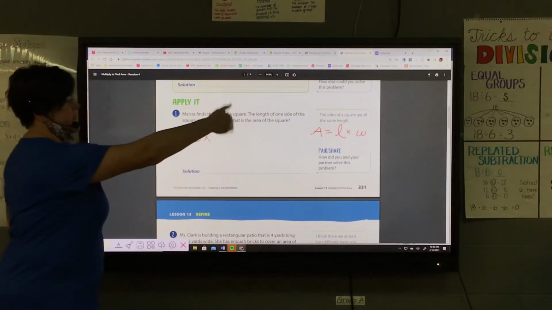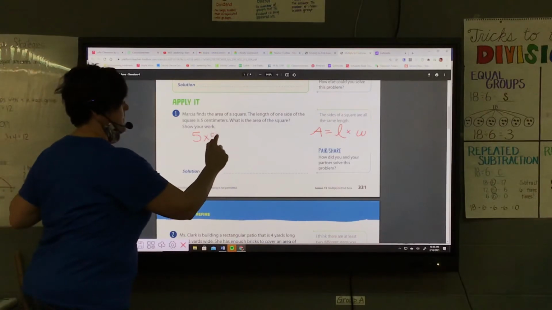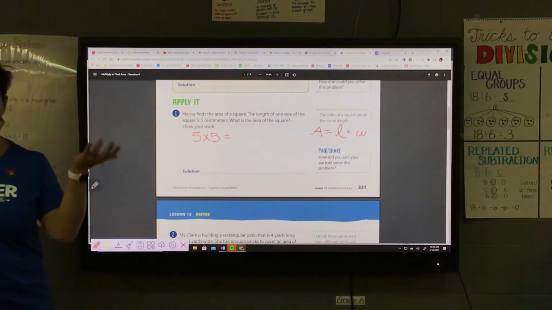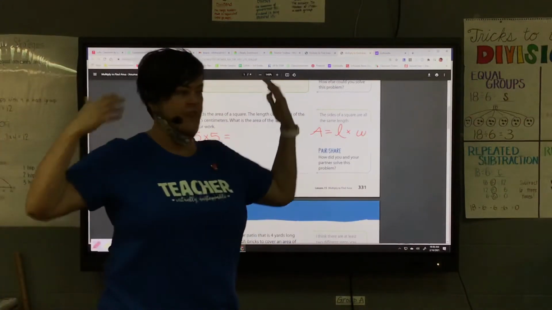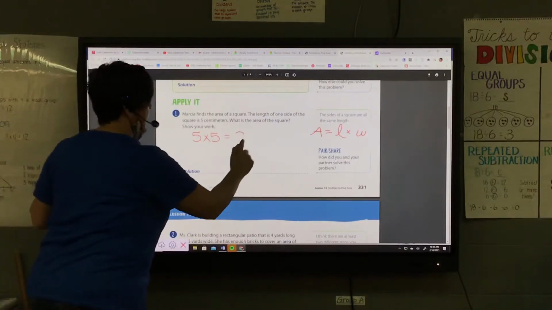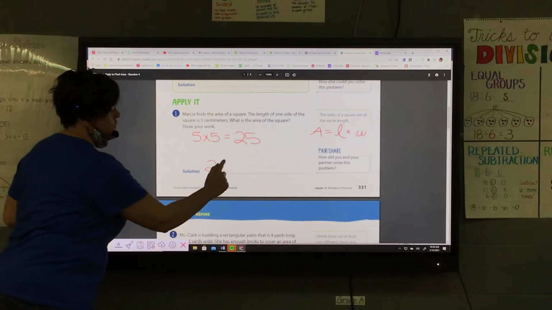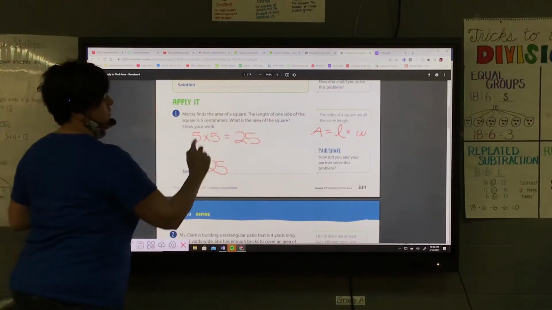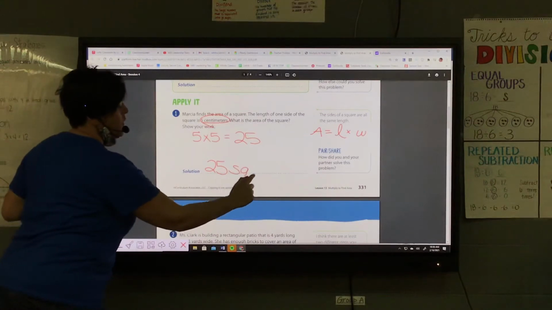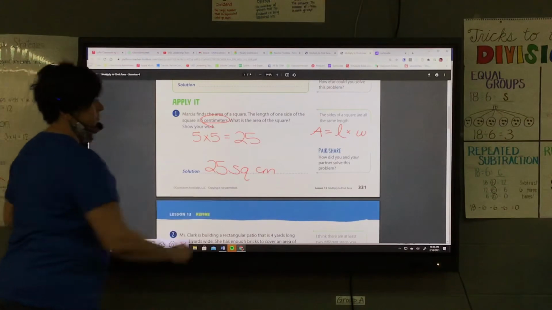What is the width of that side of the square? 5 what? 5 centimeters. Friends, do you know what 5 times 5 is? Yes. What is 5 times 5, everybody? 25. So what would we write for our solution? 25 square what? Centimeters.